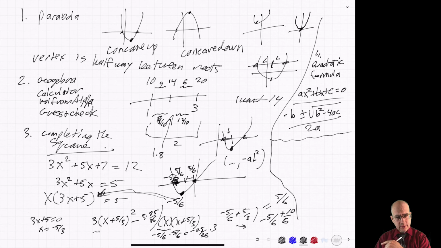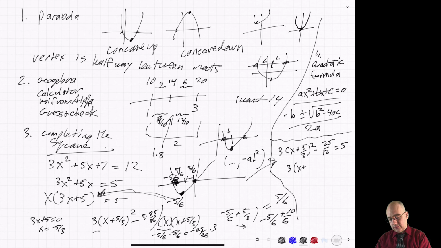I also forgot the completing the square part. Once you have the squared form of it, just go back to here. So 3x plus 5 thirds squared minus, so the 3 cancels, 25 twelfths equals 5.